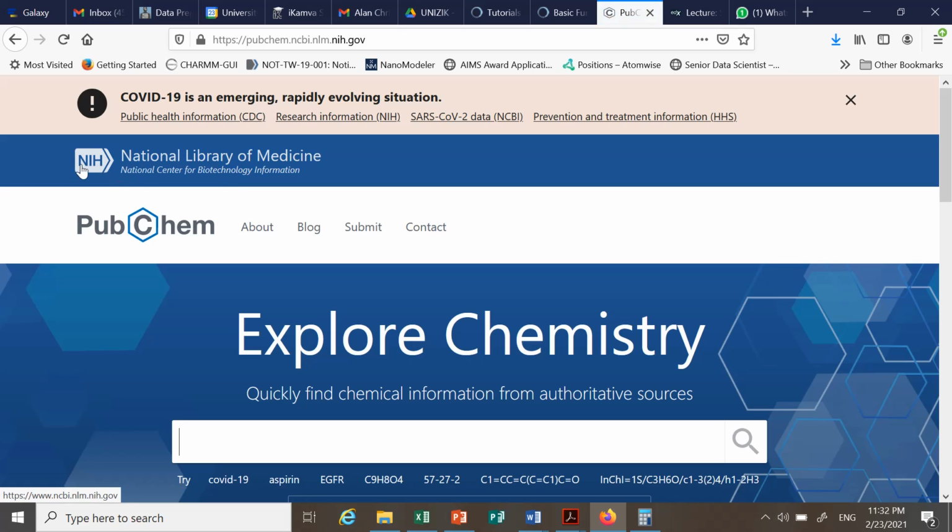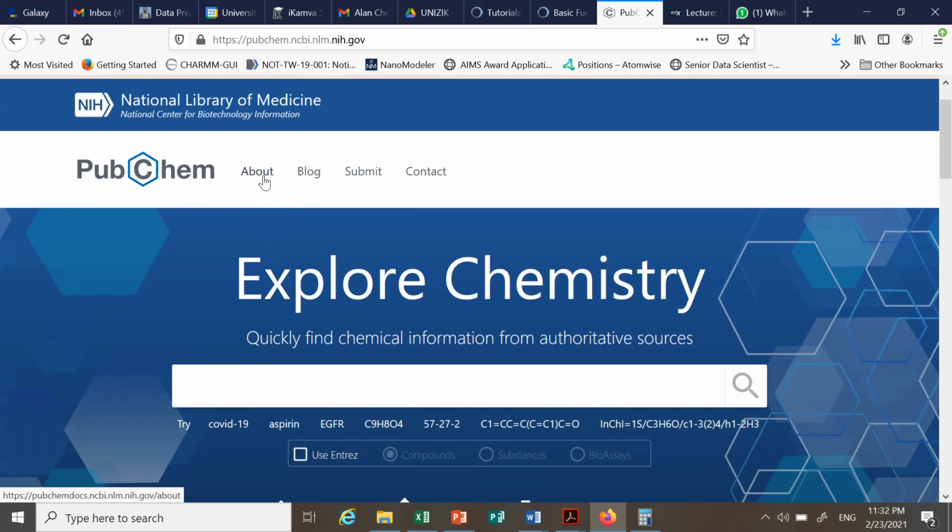NIH, National Library of Medicine, PubChem. You can read more about the database here. And remember, like I said, in most of these databases, you can submit data that you have, either for a compound that is existing there, or if you have a new compound that you want to submit, you can do that.